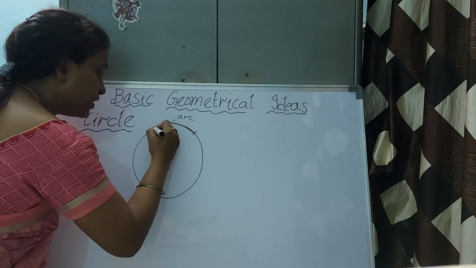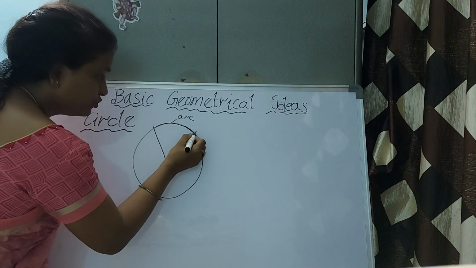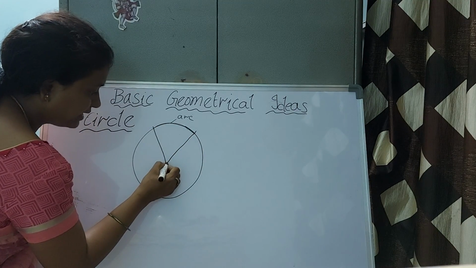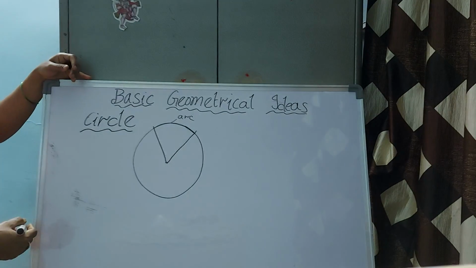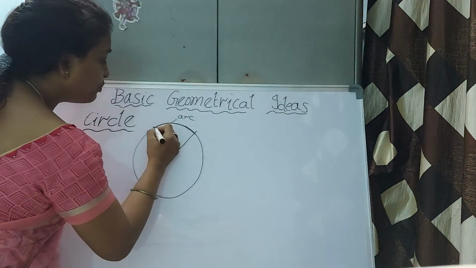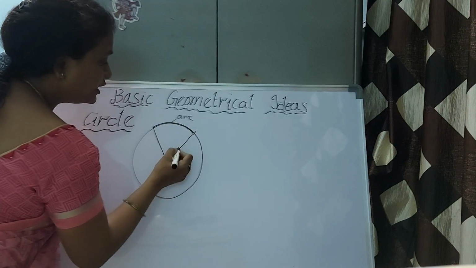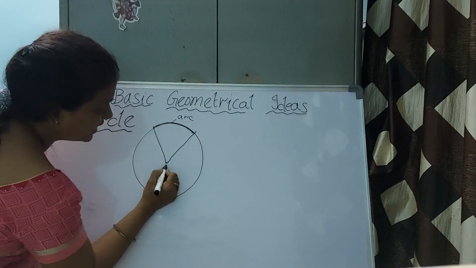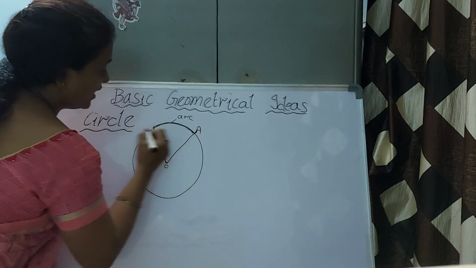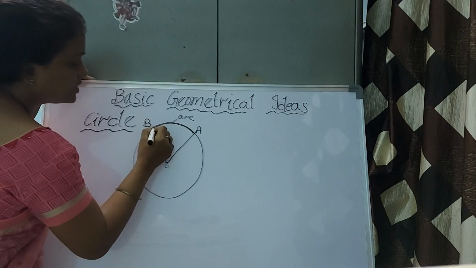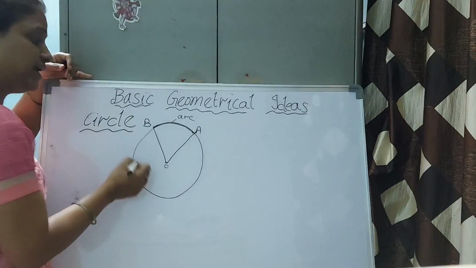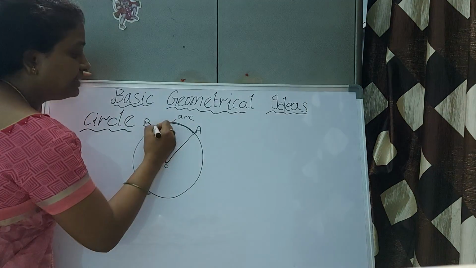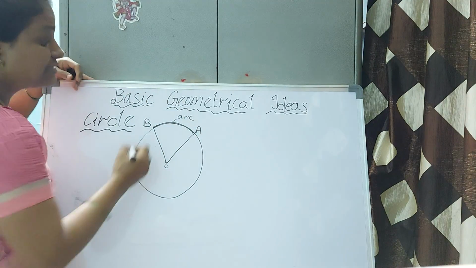If you join like this, we will get a sector. A sector is the region enclosed by one arc and two radii, O A and O B. We call it a sector.